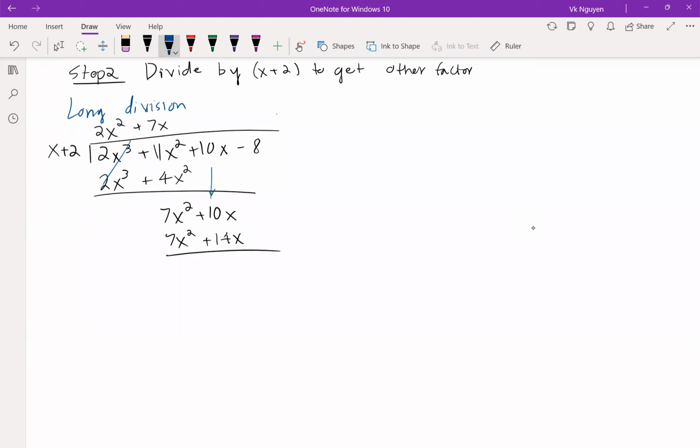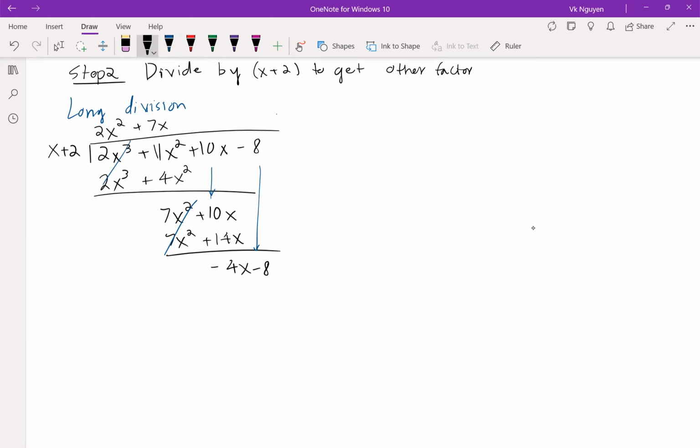Do the subtraction. We have negative 4x. To continue with the division, we pull down the number negative 8.